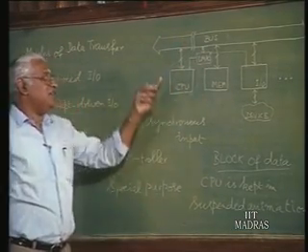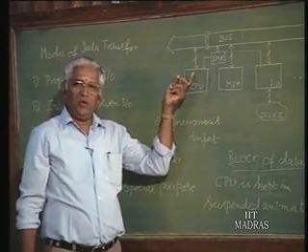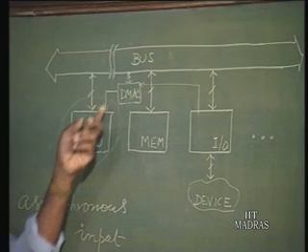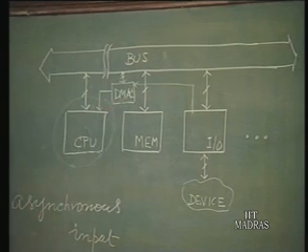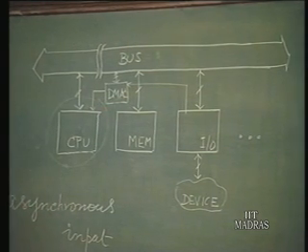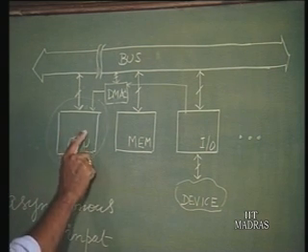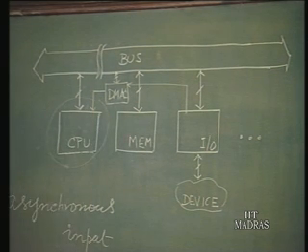So, now you can see that the CPU is usually the master, and in this case another master takes its place. The CPU is also a processor, the DMA controller is also a processor, but the DMA controller is a special purpose processor meant only for data transfer, nothing else. Good.